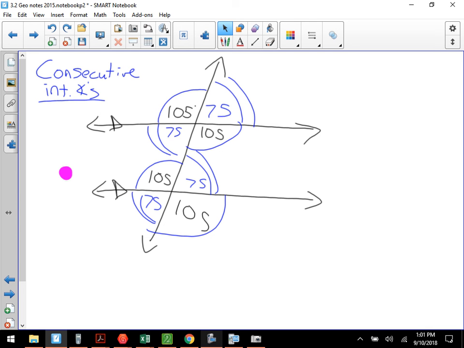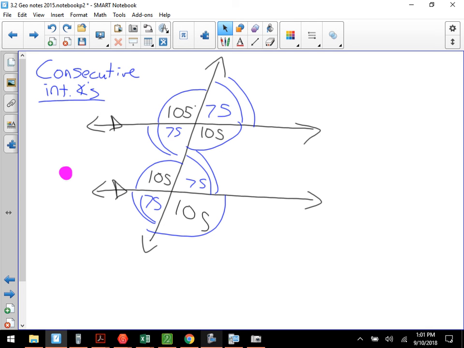So the fourth and last one that we talk about today are what you call consecutive interior angles. They're not congruent. They add to 180. We say they're supplementary. Supplementary means 2 angles added to 180. Complementary would be 2 angles added to 90.